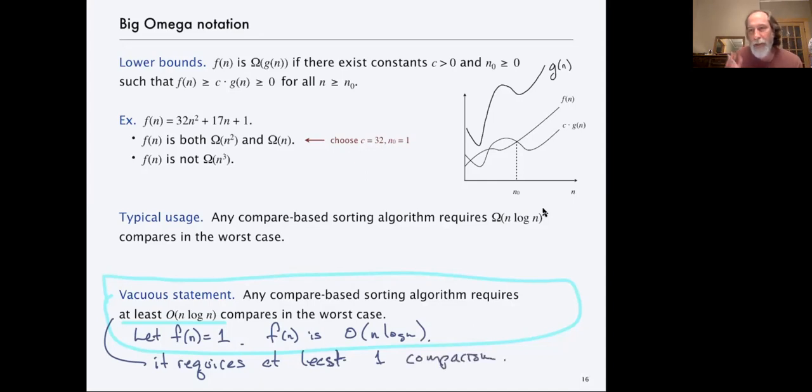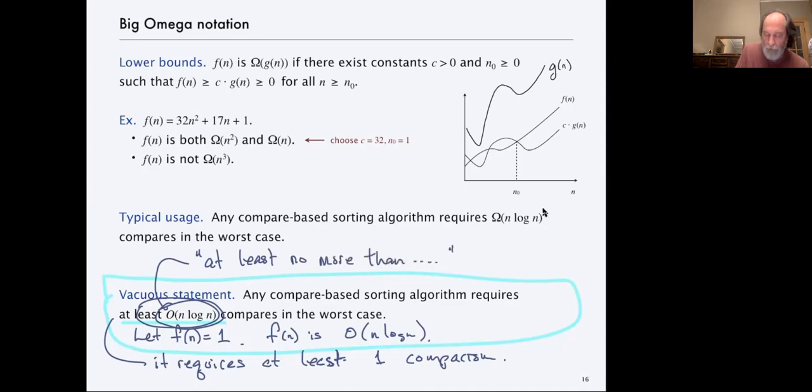I could argue you just said at least 0. It doesn't say anything because this is an upper bound. It requires at least no more. This is saying literally at least no more than. It's not saying anything at all.